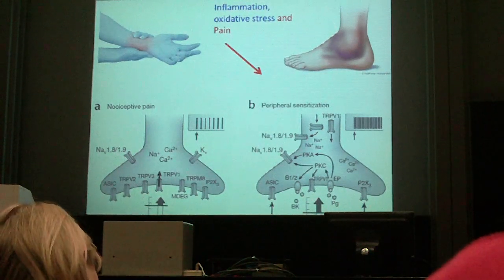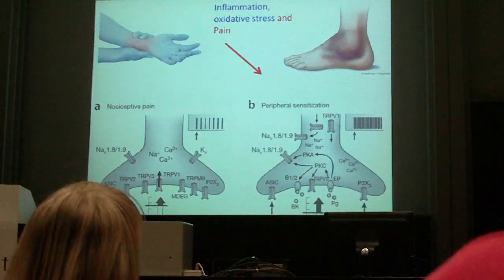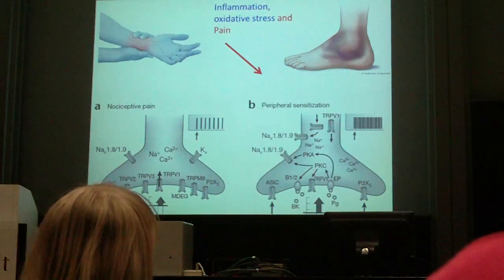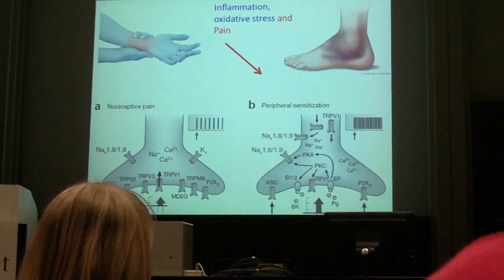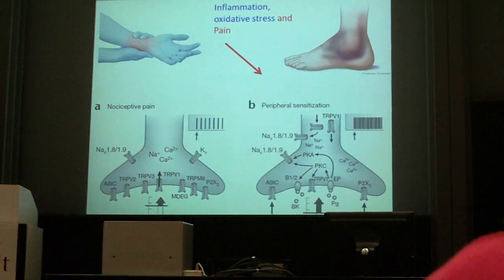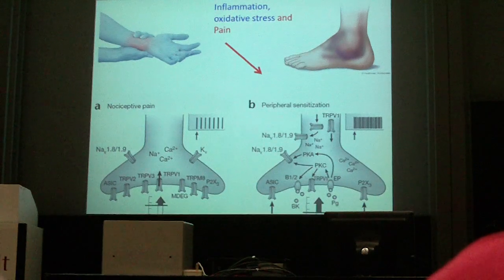They are opening upon this inflammatory response in the skin, and you can see that finally results in a generation of a lot of action potentials. So these blunt endings, characterized by presence of a lot of channels, induce action potentials, and these action potentials will be sent to the spinal cord.